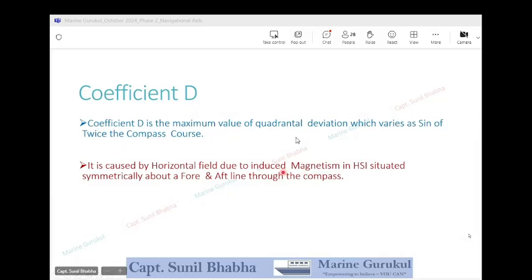Whereas in this coefficient, it is situated symmetrically about a 45 degree line through the compass. The induced magnetism also resulted in IB and IC, but in both these cases, we had the vertical soft iron, forward or aft or port or starboard of the compass. In this case, it is not the vertical soft iron, but the horizontal soft iron which generates coefficient delta.